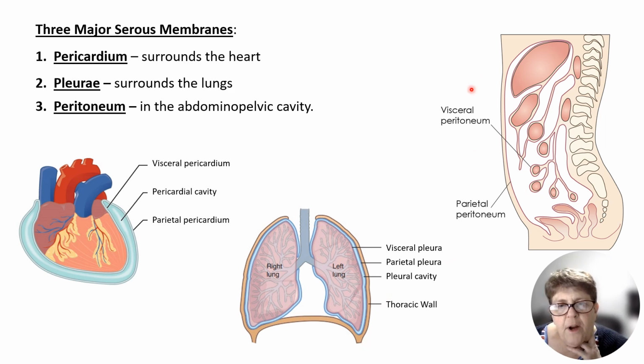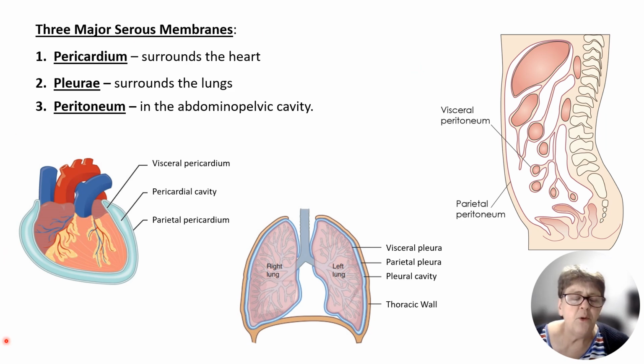And here lining the whole wall of the abdominopelvic cavity is the parietal peritoneum. And then surrounding each organ, you have the visceral peritoneum.